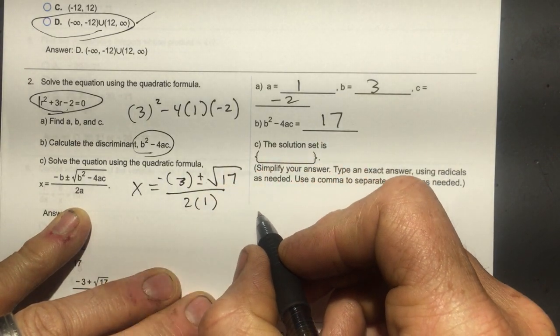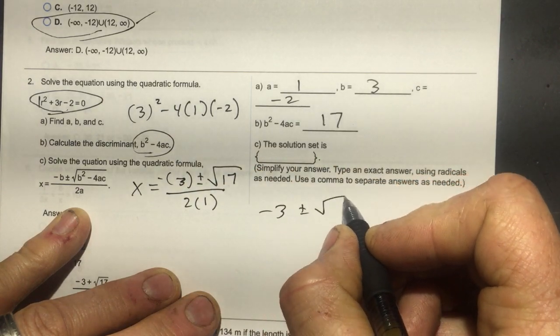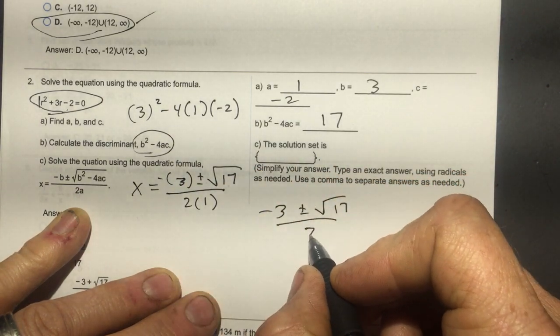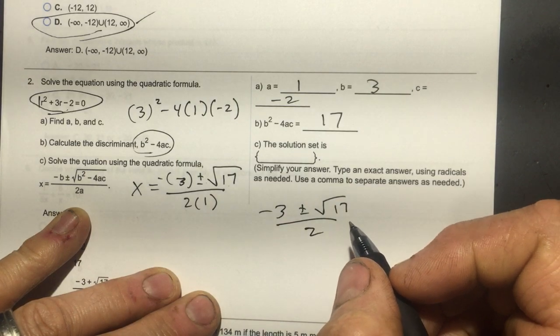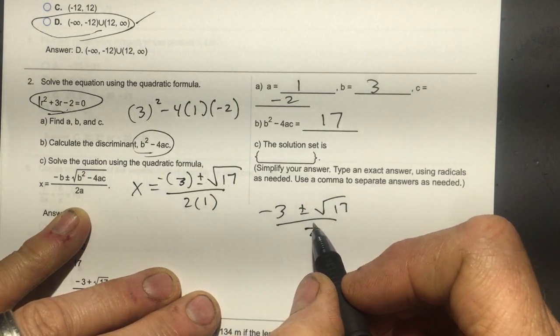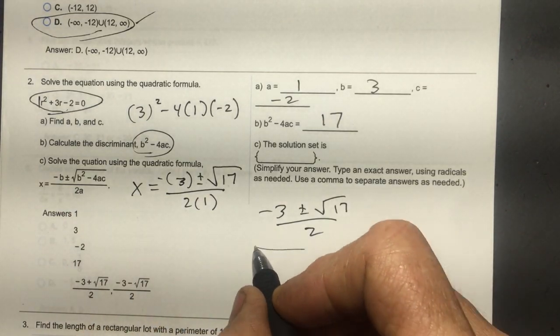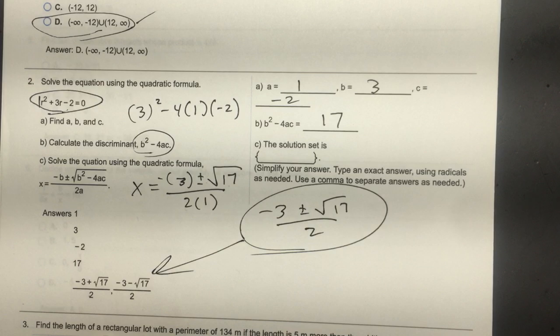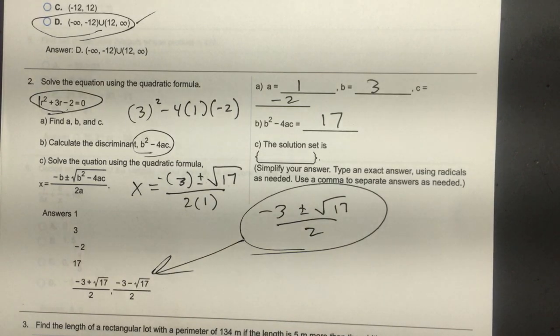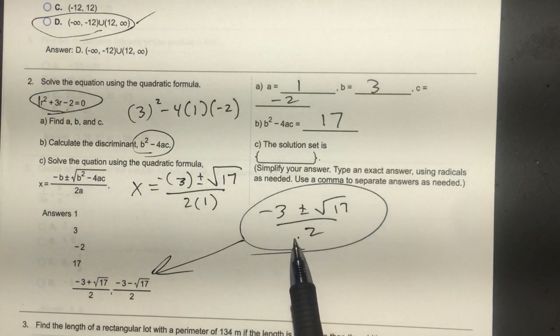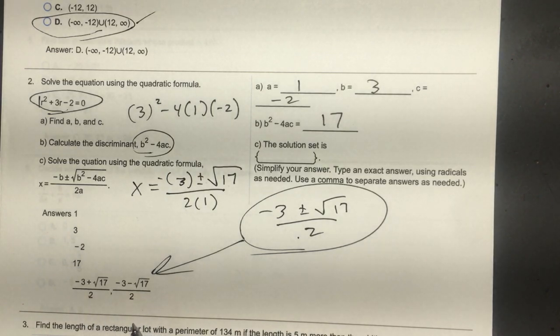So it's negative 3 plus or minus the square root of 17, all divided by 2, and there's no simplifying you can do there. So we're in good shape. You can type it like this, or you can separate them and type it that way, either way.